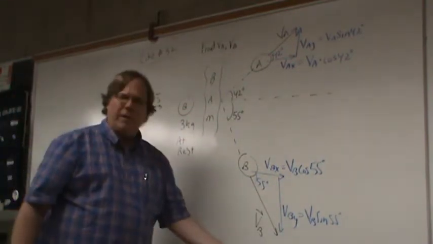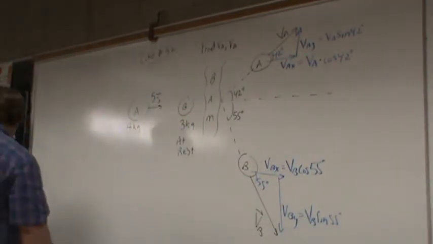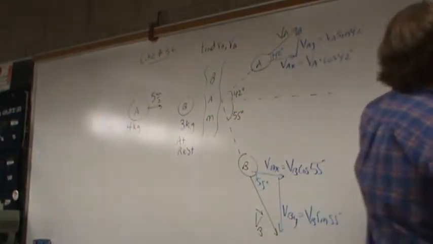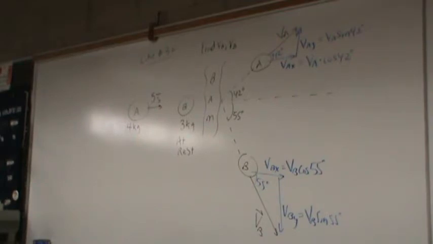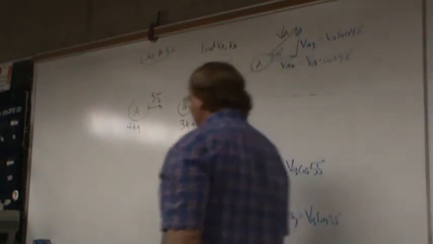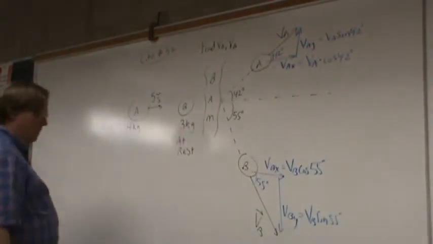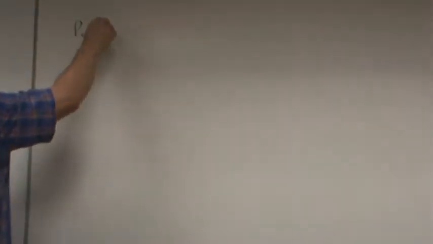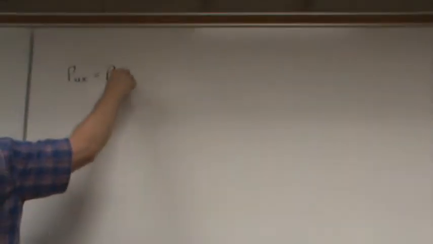So now I'm going to start doing conservation of momentum in the x and y directions, and you'll see how to do this. Let's do conservation of momentum in the x direction. Initially in the x direction, all I got is this guy.